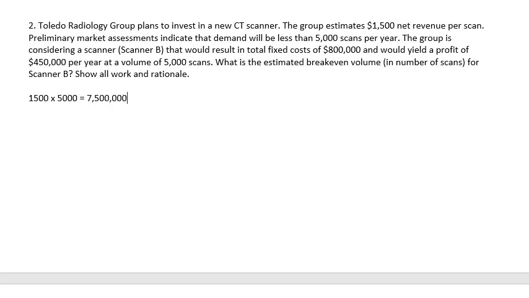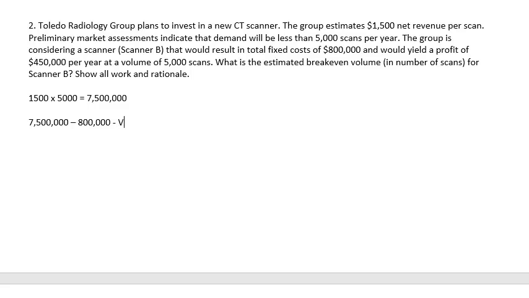That looks good. Now let's go ahead and set up our profit equation. So we got the 7.5 million minus our fixed costs, which we are given, right up here, that 800,000, minus, we got a mystery, minus our variable costs.